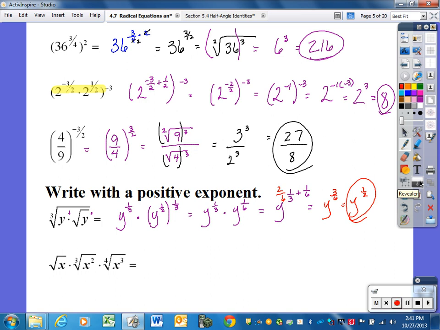Now let's do the same with this one. First, just take this part. Base is x, power is 1, root is 2, times x, power is 2 over root 3, times base x, power is 3 over root 4. When I have the same base, I add my powers.